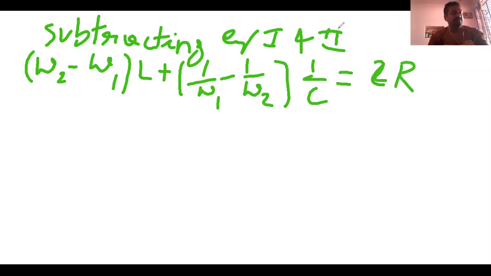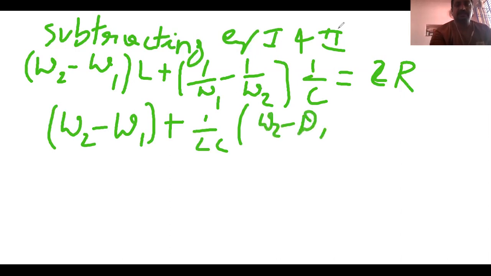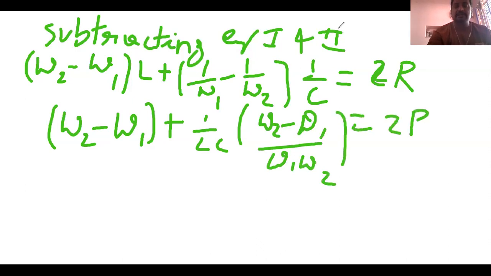So from this we'll solve all the equations. Finally, how do we get the solution? ω2 − ω1, plus, dividing by L, 1/LC into (ω2 − ω1)/(ω1 ω2) equals 2R divided by L, taking L on both sides.